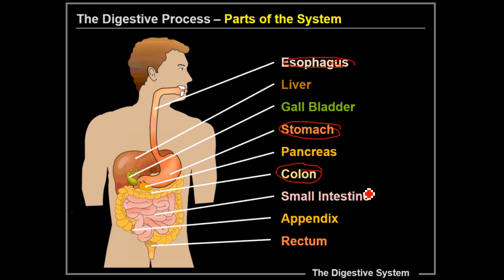So that is part of your GI tract. Small intestine will contain food. So that is part. The appendix, nope. Food does not go into the appendix. The appendix is a vestigial structure, and we'll talk more about that later. And then, of course, the rectum. The rectum is the last part of your colon or large intestine. So the circled terms are all part of the GI tract, and the non-circled structures or organs are what are considered accessory structures to digestion.